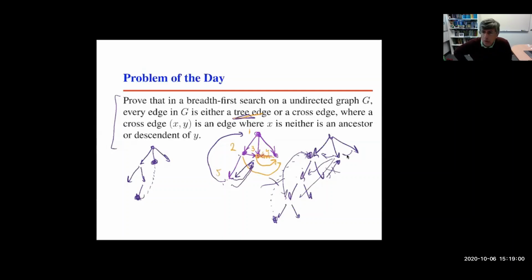So it couldn't look like this, because we were expanding the vertices in the order of creation. I worked through all the descendants of this. This one up here will discover the edge when we process that vertex.